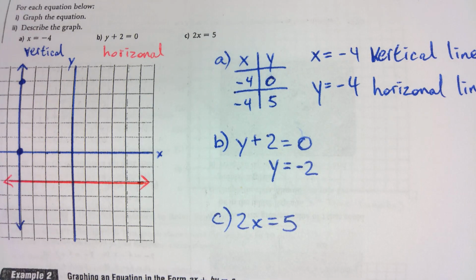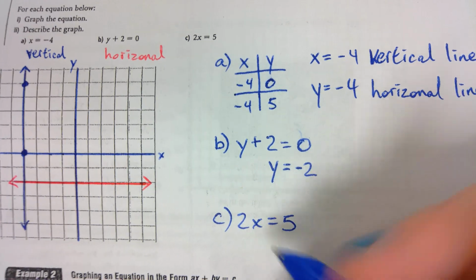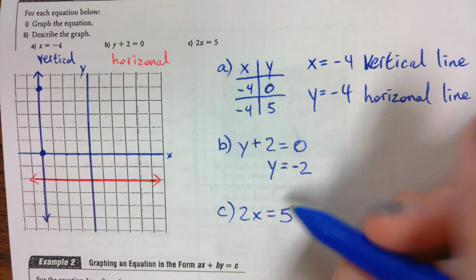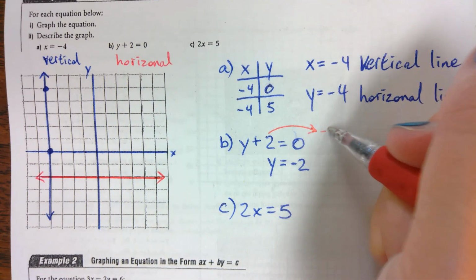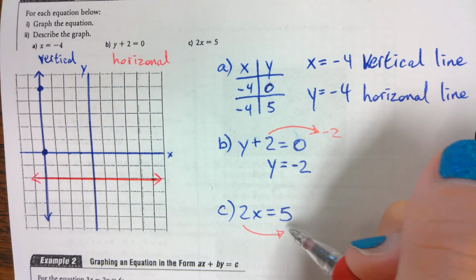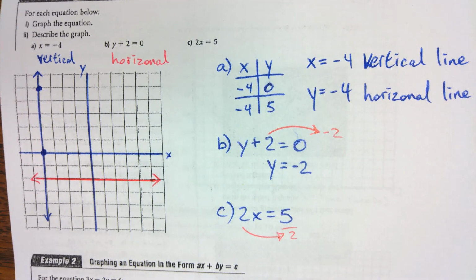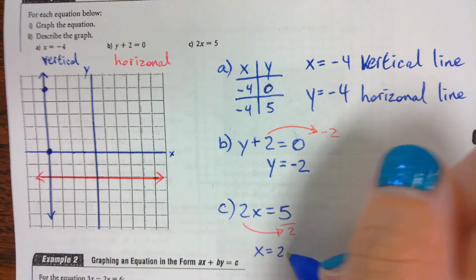Good job, because it's x equals. Just like in the last one, where we moved the 2 over, what do we do here? Divide by 2. What's 5 divided by 2? 2.5. So x equals 2.5.